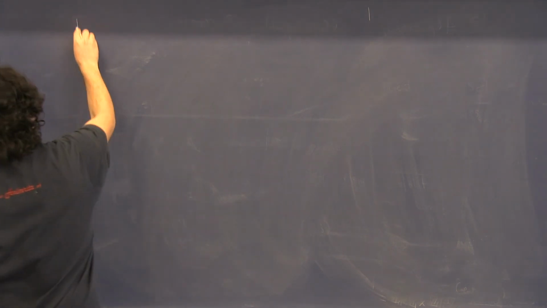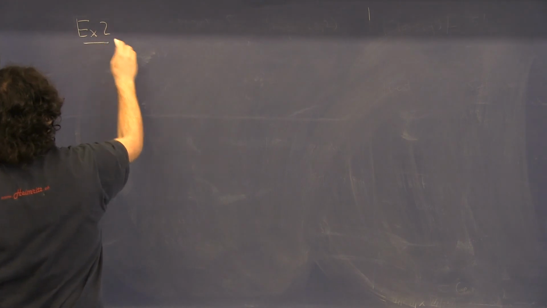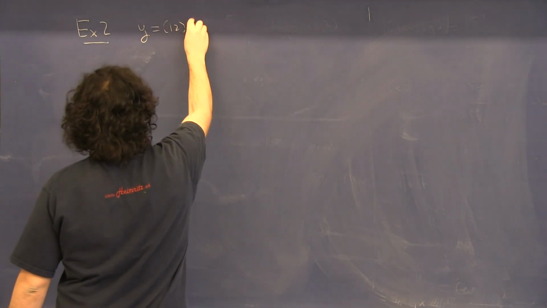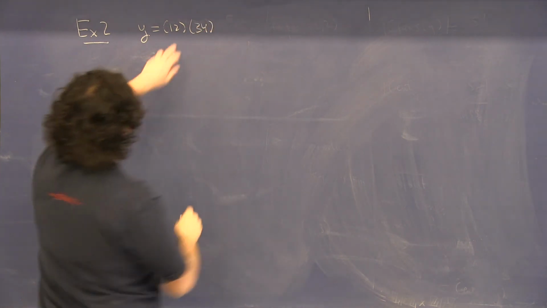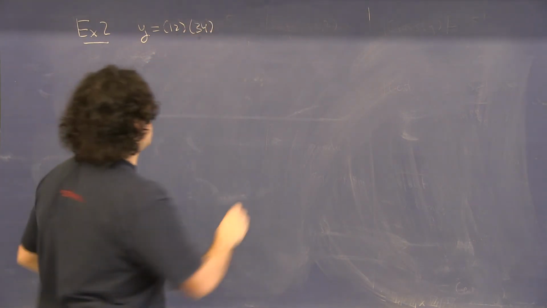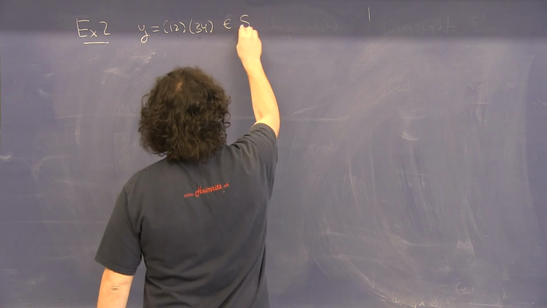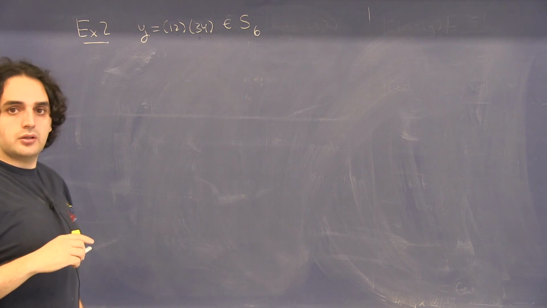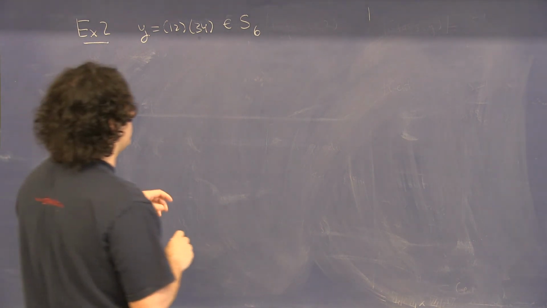So let's do the example where we now take our element y to be the product of these two cycles. And now I think of this not in S5, but in S6 to make things a bit more interesting.